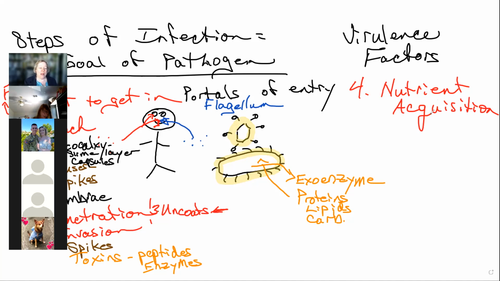Okay. Now, when we're talking viruses, technically, viruses do not do this, okay? Because they're not alive. And so if they're not alive, they don't need food. But they do get into the cells and they do take over, but we don't call this nutrient acquisition, okay?